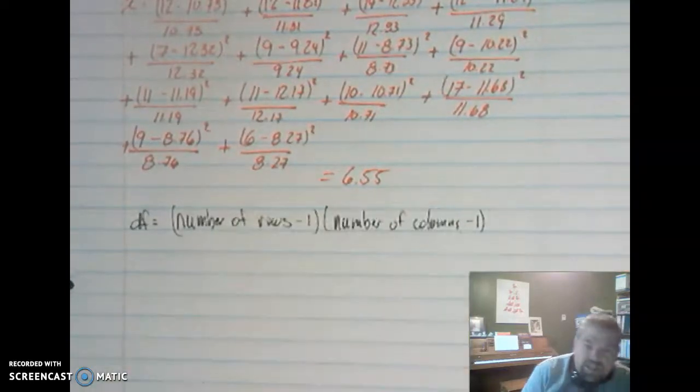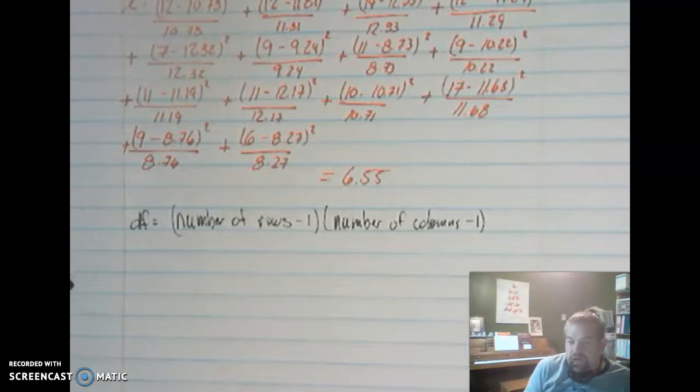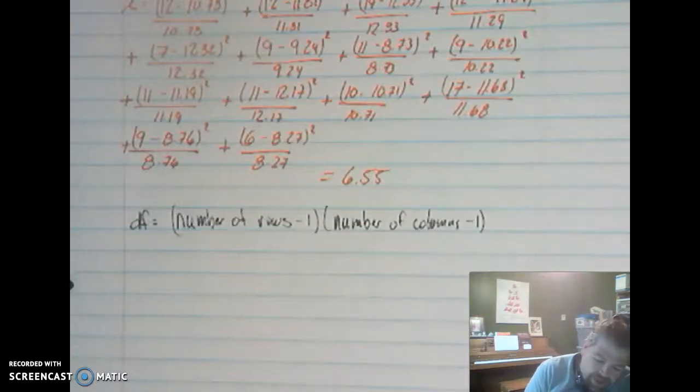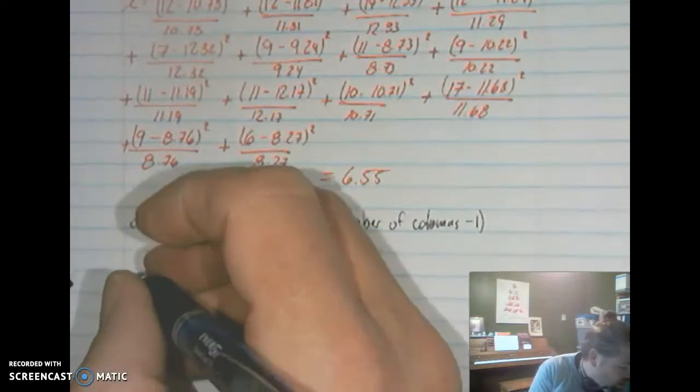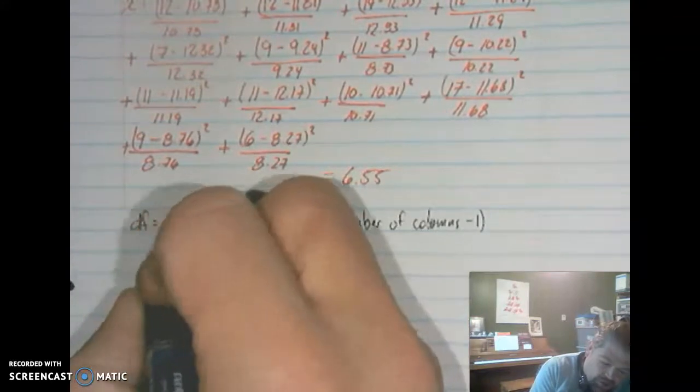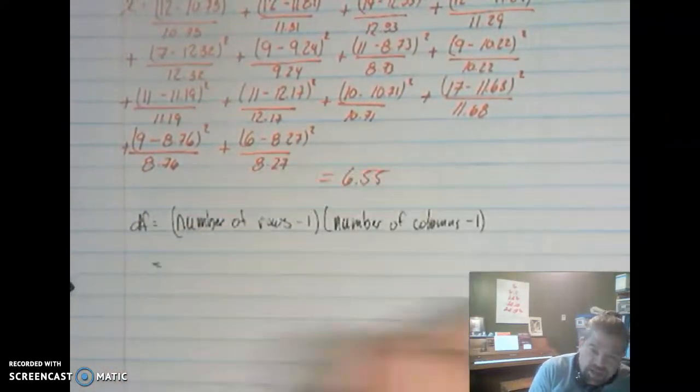That gives us our degrees of freedom, which then allows us to go to our table and calculate our answer. If we do this real quick for our birthday question, we have 7 rows because there are 7 days.